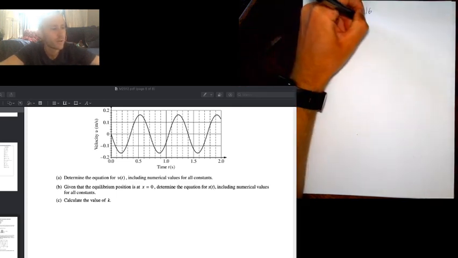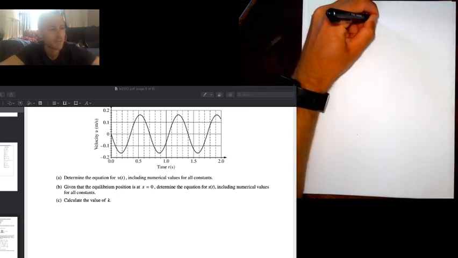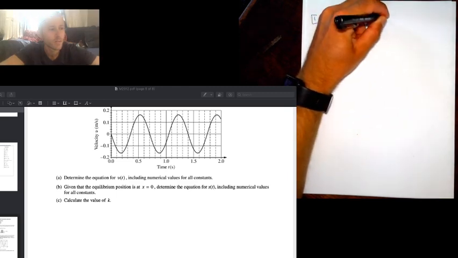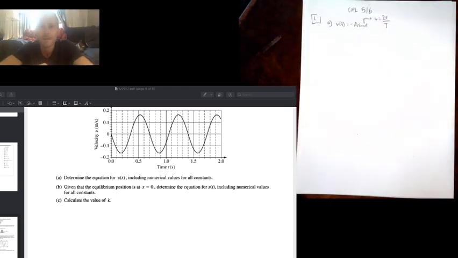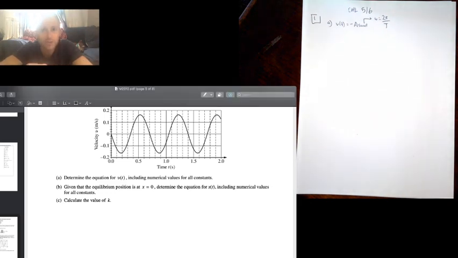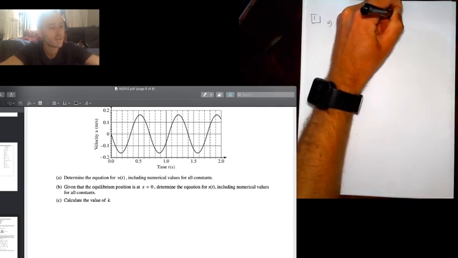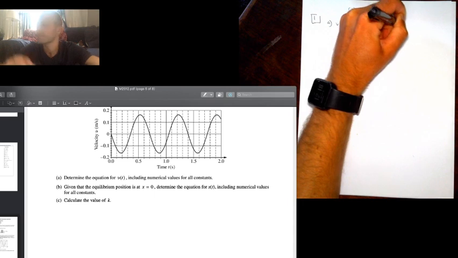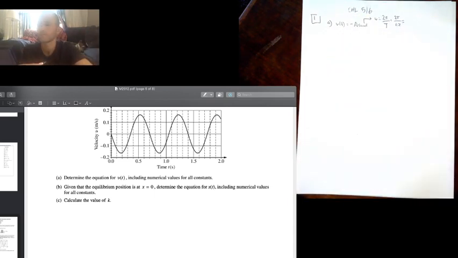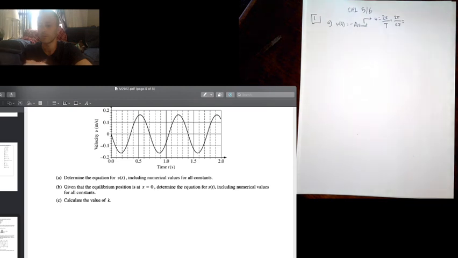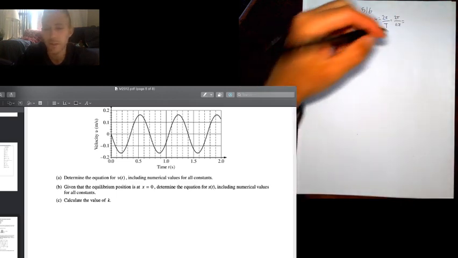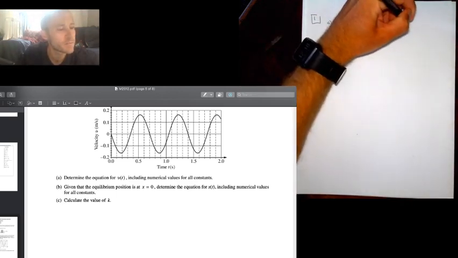Just to remind you, omega is 2 pi over the period. I can see that the period is 0.7 seconds. So it's going to be 2 pi over 0.7, and that gives 8.98 radians per second.